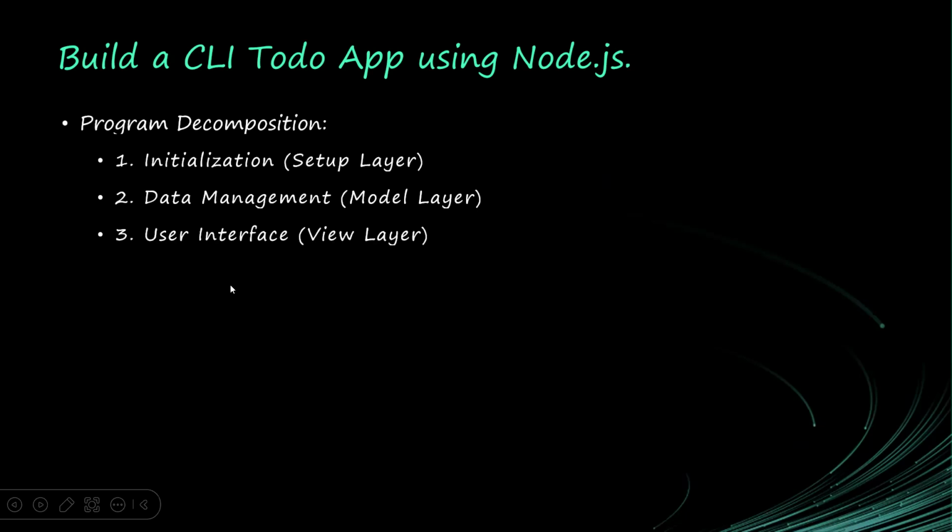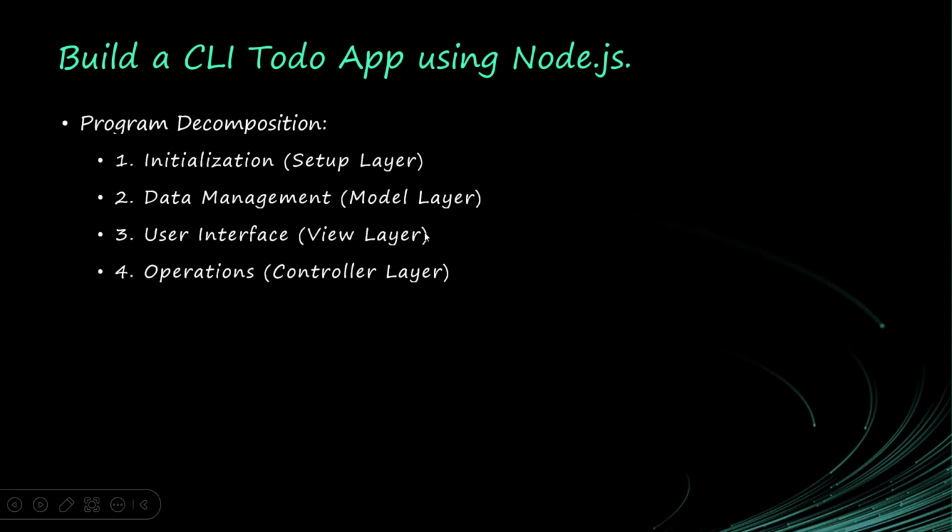We also have the user interface, which is what the user will see. We have a menu that the user will see, and they will write whatever the interface prompts them to do. Then we have the operations that do the job, like adding tasks, deleting tasks, whatever.